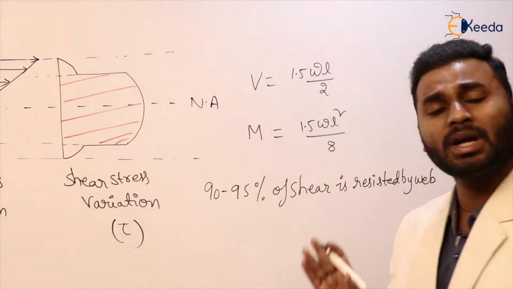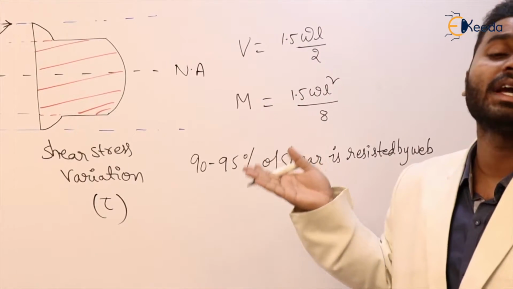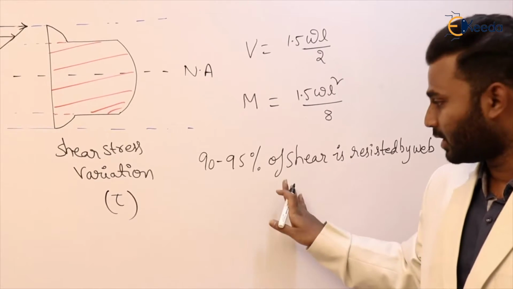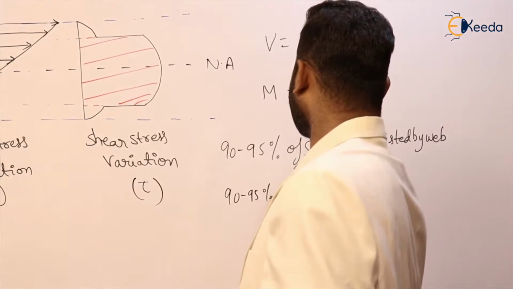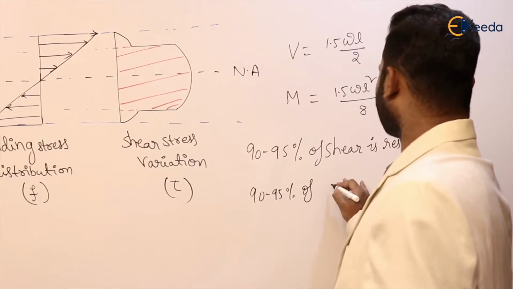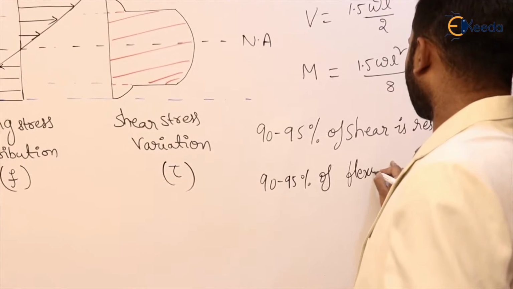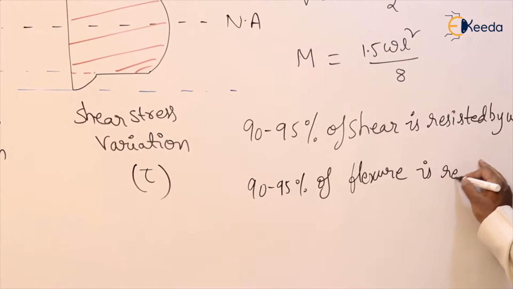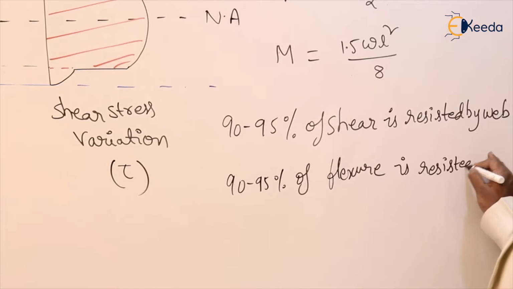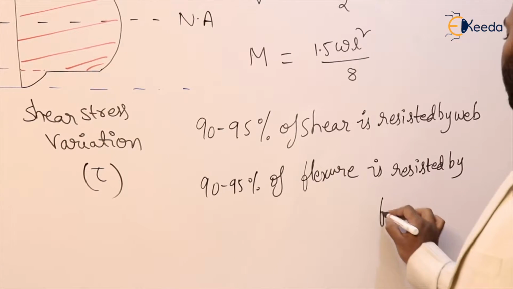It means we assume that the total shear is taken by the web itself. And 90 to 95% of flexure, or bending stress, is resisted by the flanges.